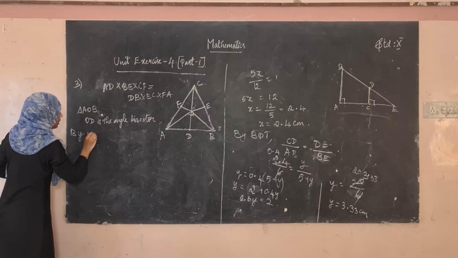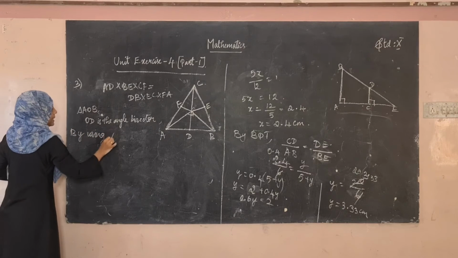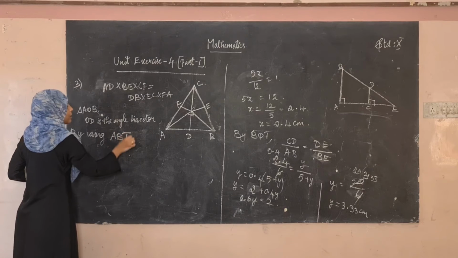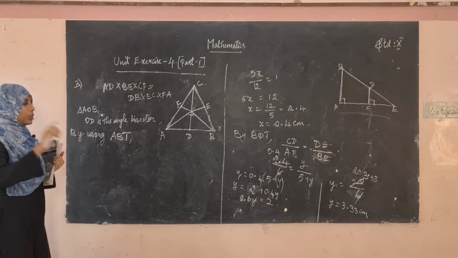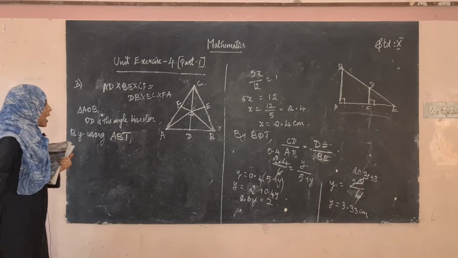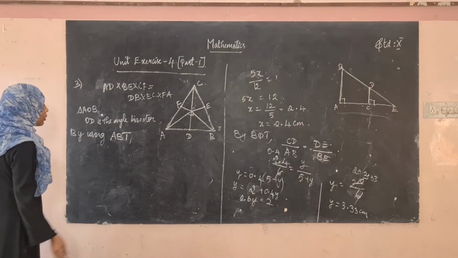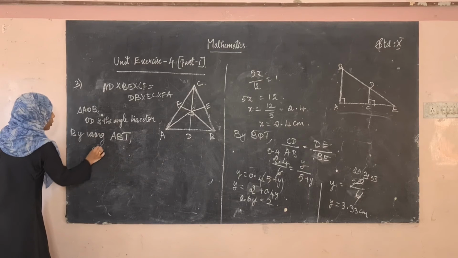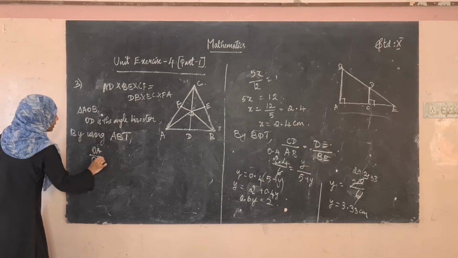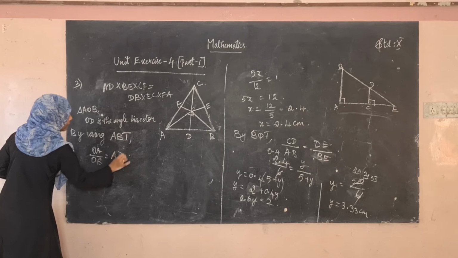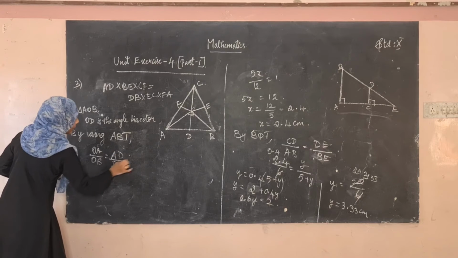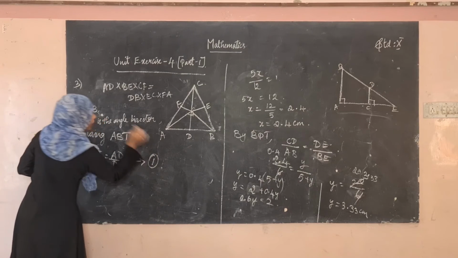By using ABT. What is ABT? That is angle bisector theorem. So at first we saw the basic proportionality theorem and now the angle bisector theorem, right? So using angle bisector theorem, what we can write is OA divided by OB is equal to AD divided by DB. Let this be the first equation.